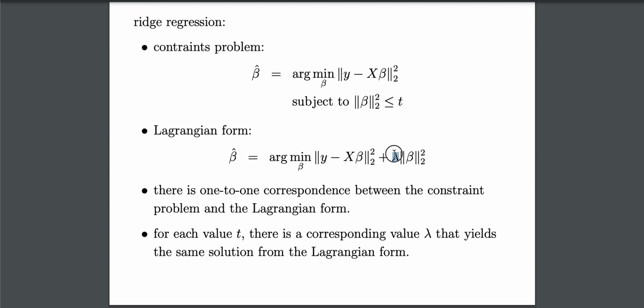Now if lambda is large, essentially look at this. Lambda is telling us how much the residual sum of squares is important in comparison to the L2 norm of beta.